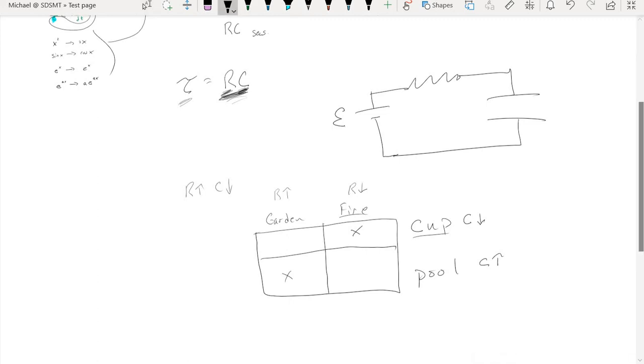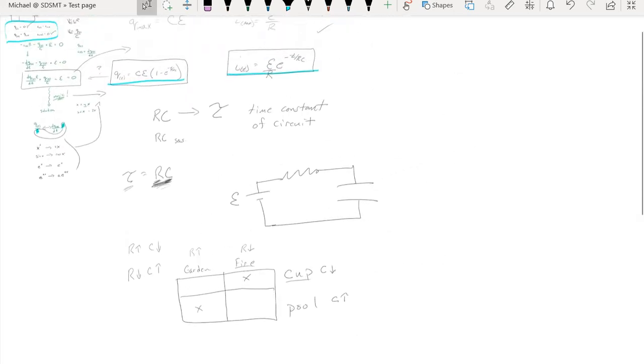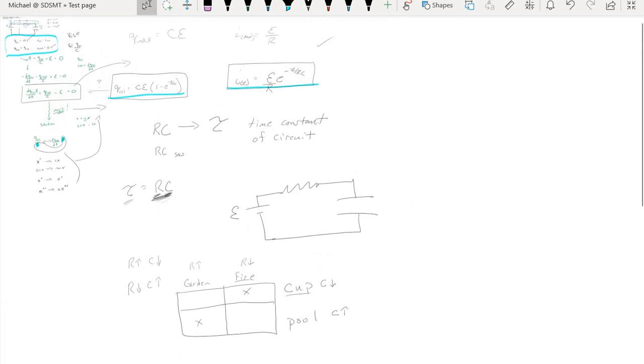Or you could try filling the pool with the fire hose. In that case, you would have a very low resistance, but a high capacitance. Again, you would end up with a tau value that's kind of in the middle somewhere. So the larger the tau value, the longer it's going to take to do whatever it is that you're doing. In this case, we're trying to charge up the capacitor.